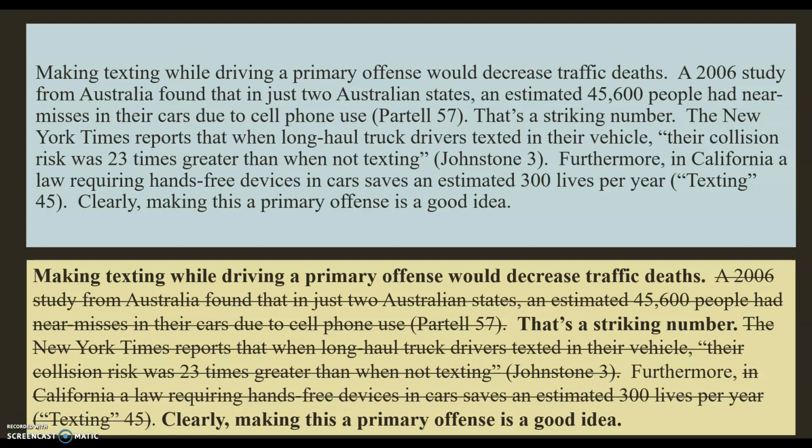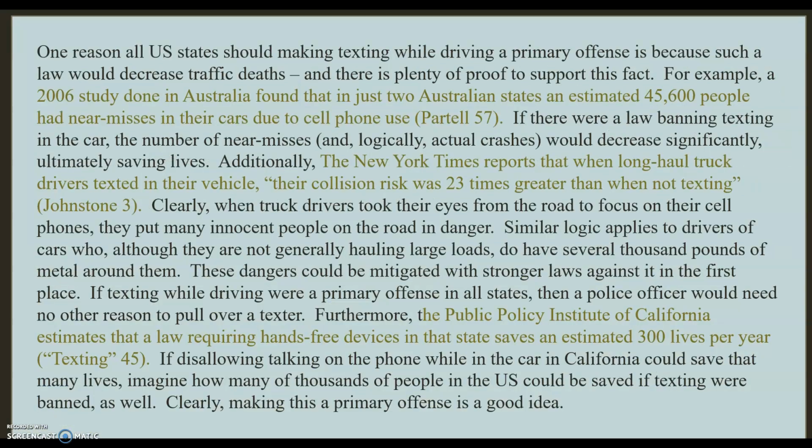We only get a couple points where making texting while driving a primary offense would decrease traffic deaths. That's a striking number. Clearly, this is a primary offense is a good idea. There's no real explanation, no development, no showing how these sources are conversing with each other. So take a second here to pause the video and read through this paragraph to refamiliarize yourself with what it presents.